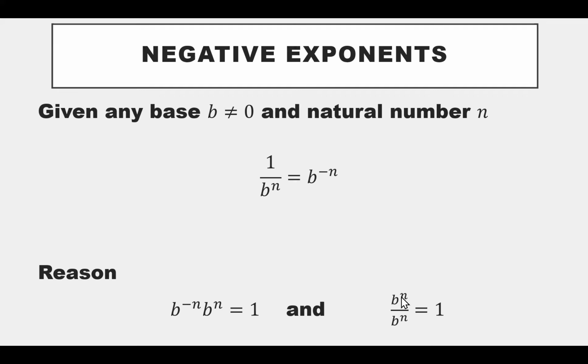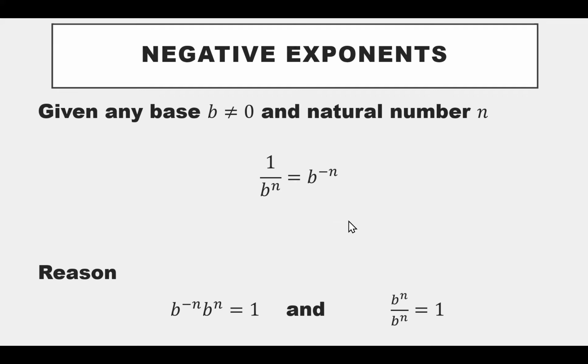But we also know that b to the nth power divided by b to the nth power would also give me 1. So b to the negative n power is like 1 over b to the positive n power.